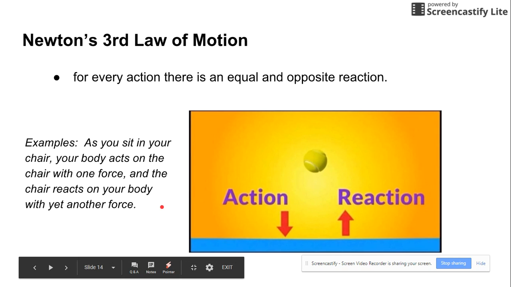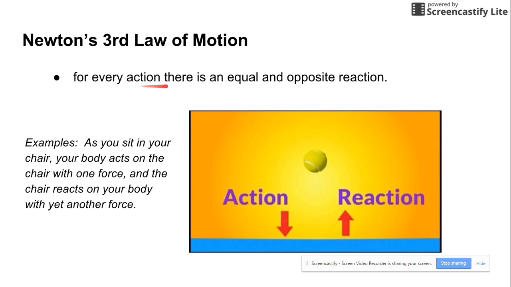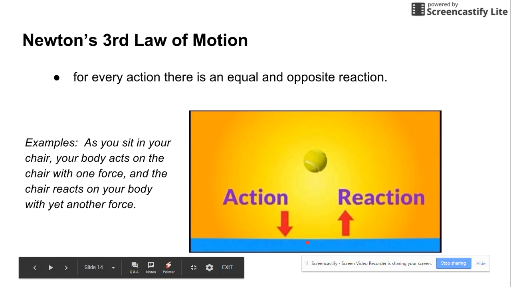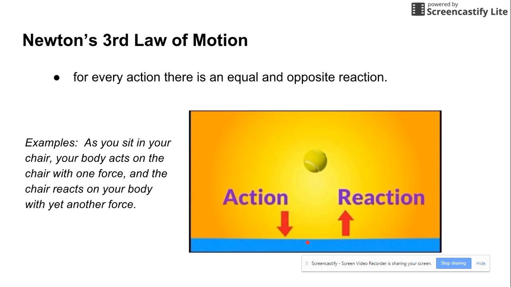Okay, so if you think about equal and opposite reactions, for every action, there's an equal and opposite reaction. Think about this tennis ball, okay? I'm holding it about 3 feet up in the air. I drop it. There's our first action. It goes straight to the ground. What is the opposite reaction that's going to occur?